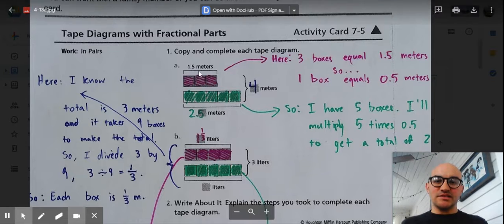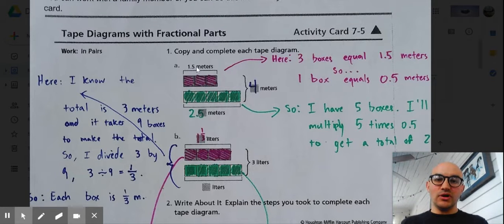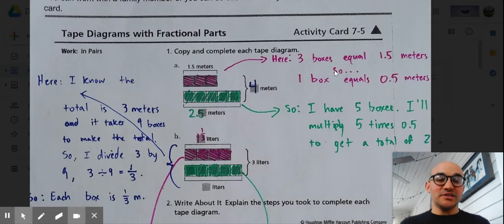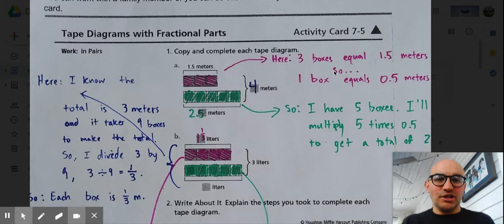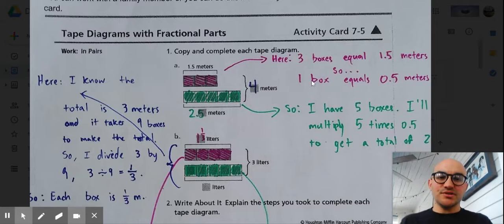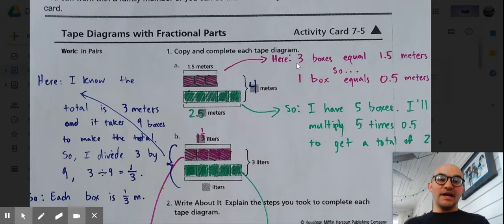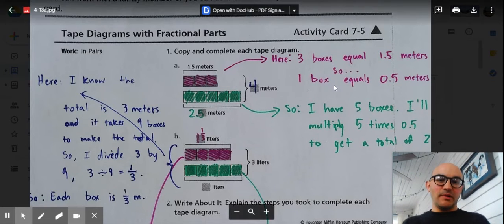It tells us that 3 boxes total 1.5 meters. So my brain automatically asks, can I figure out how much one box is worth? I can figure that out simply by dividing 1.5 by 3 to get 0.5 meters for each box.